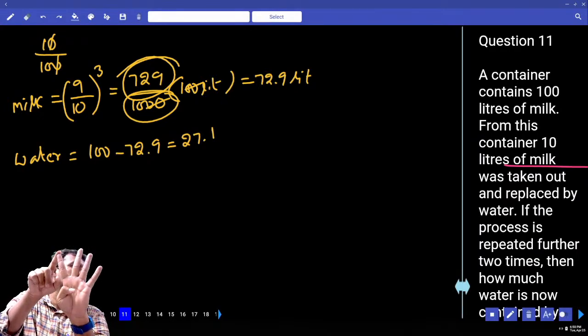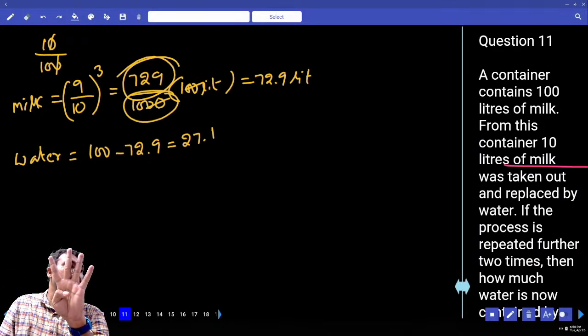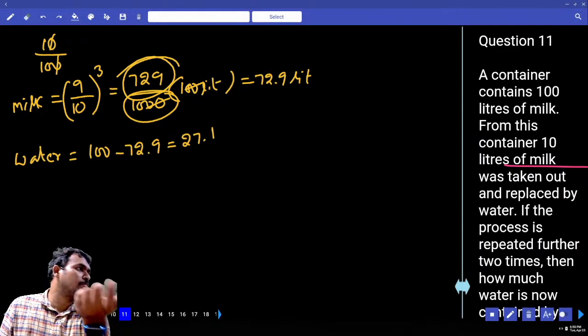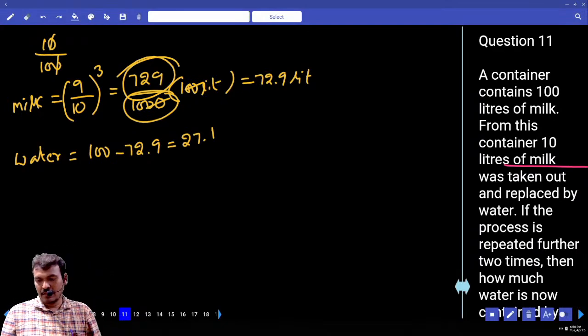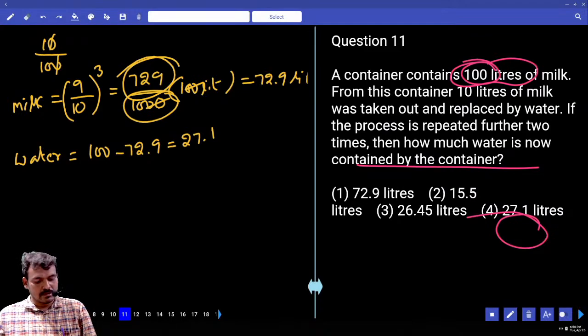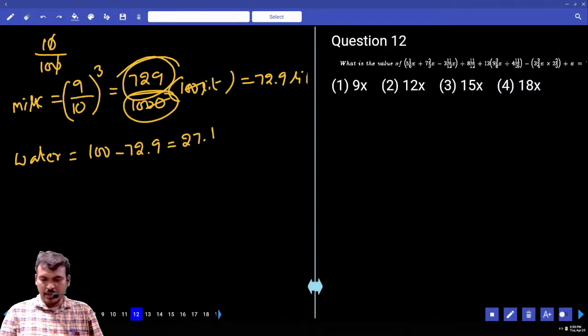After 3 operations, milk is how much? 72.9. What is the remaining? 27.1%. Means how much percent of water we are adding? 27.1%. 27.1% of how many liters? 100 liters. Next question number 12.